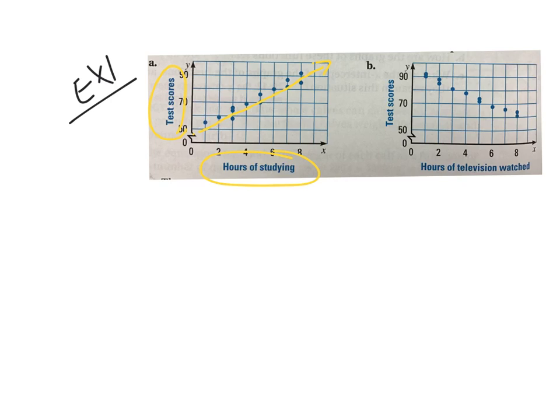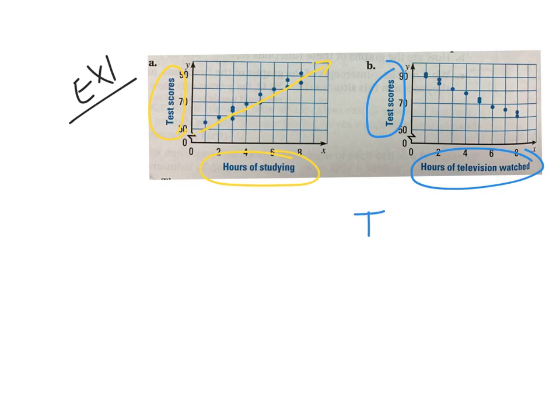Okay? So now let's look at B. What slope is that one? Negative. And we're talking about test scores and what? So the more television they watched, the lower their test scores tended to be. Okay? Any questions on how you would tell me the correlation of these?